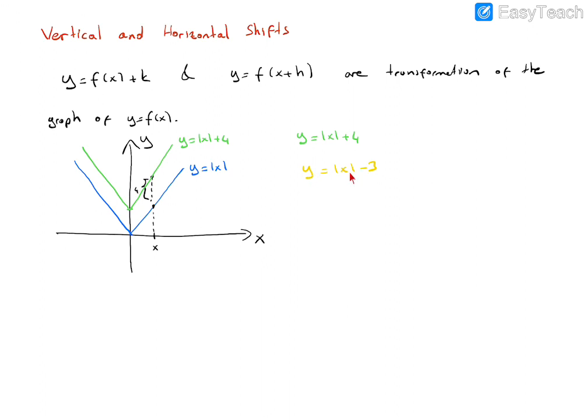So the y value is less by 3 units than this y value. This is y equals absolute value of x minus 3.